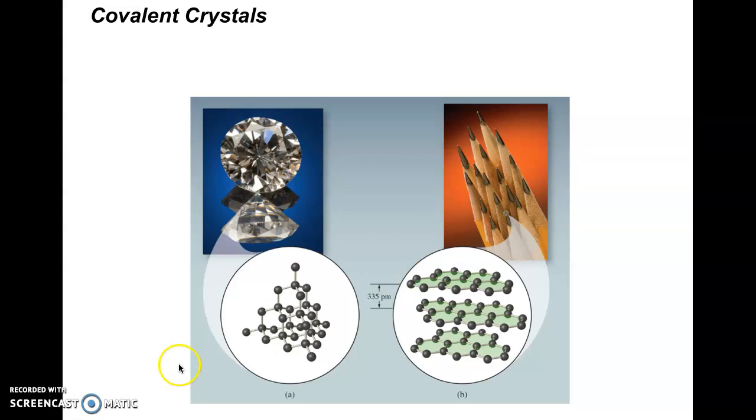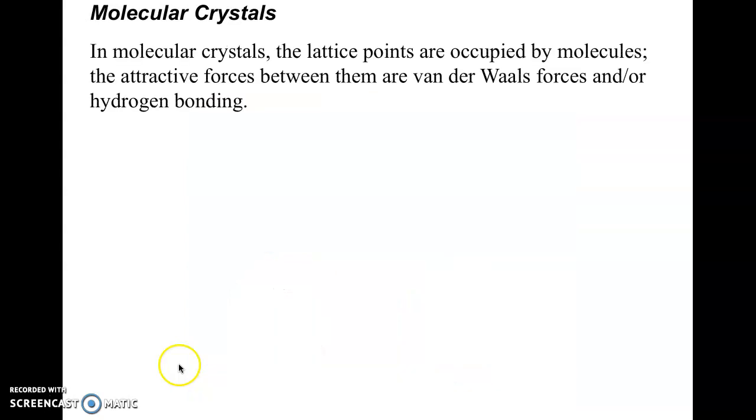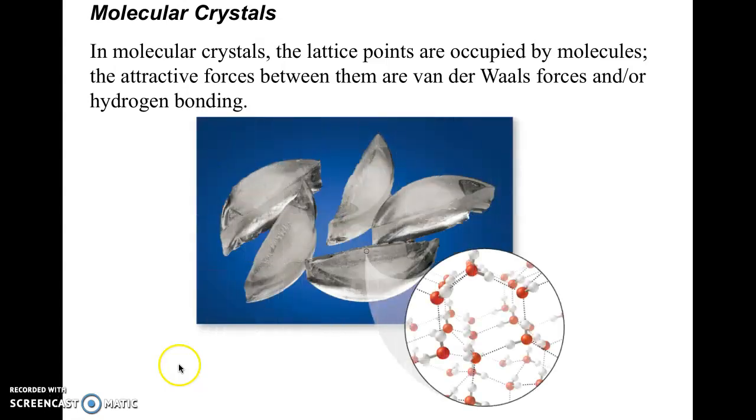There are some solids that are purely covalent, and diamond is one of those, and you can see it's very rigid, whereas graphite, which is another form of carbon, has sheets of covalent structure. Looking at molecular crystals, we find that they're mainly held together by van der Waals forces, or hydrogen bonding can be one of those.